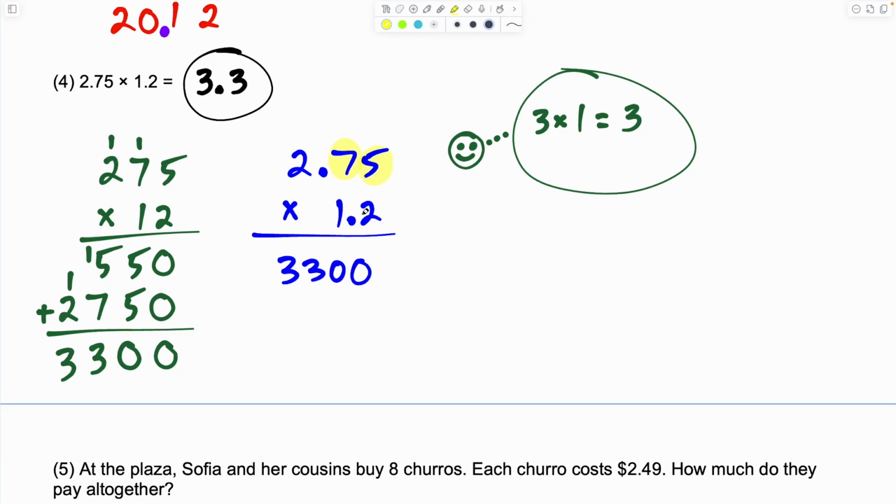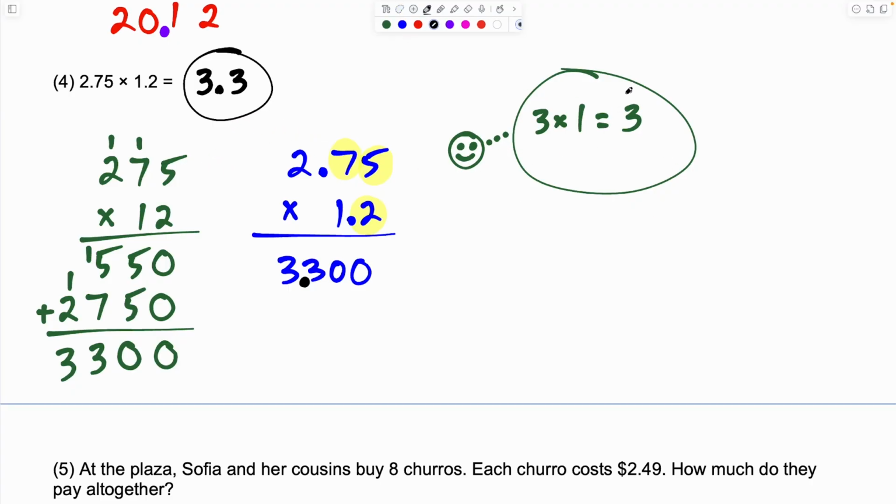So that's 1, 2, 3. So when I'm placing the decimal at the end, I write it as 3300.0, and then I just move the decimal 1, 2, 3 places like this to get 3.3.